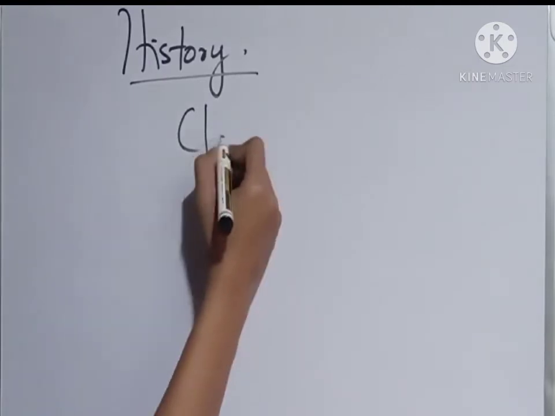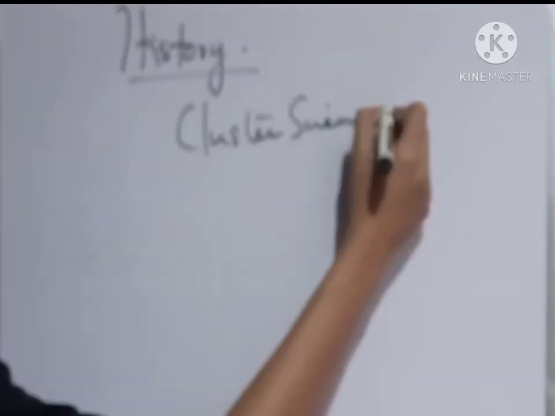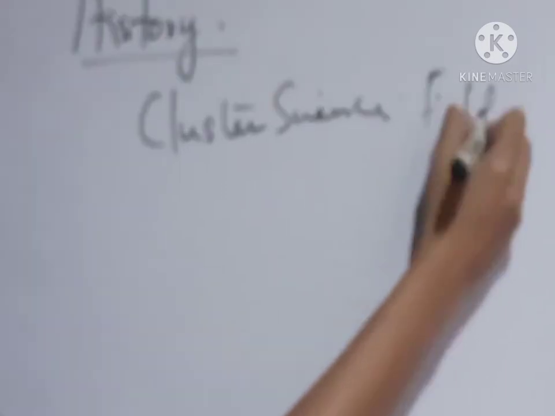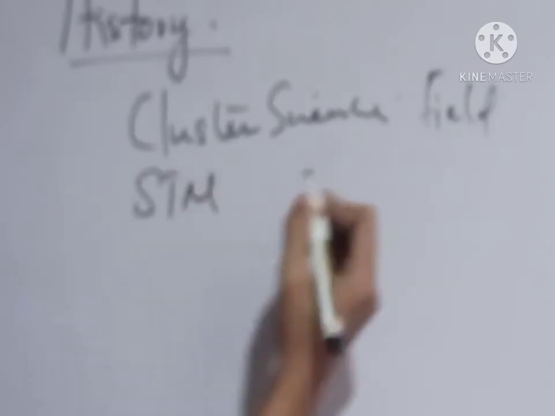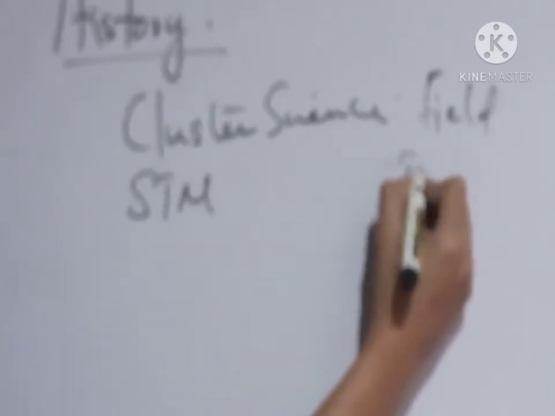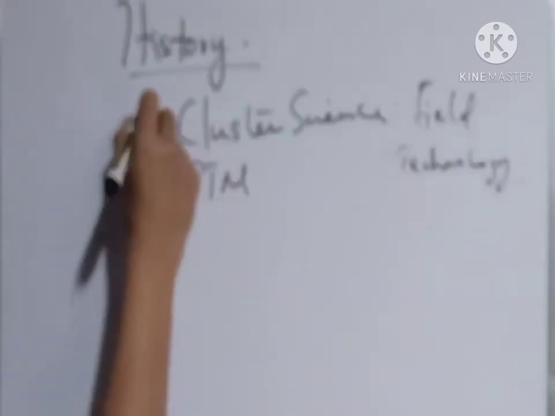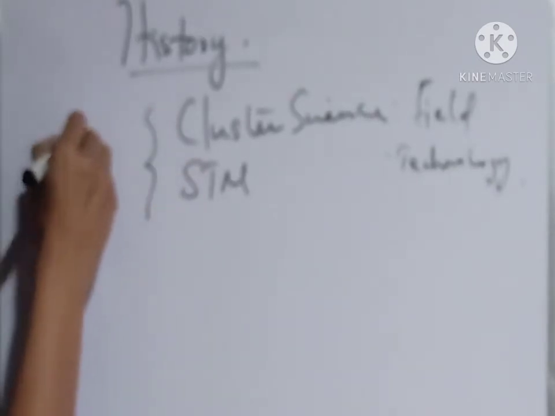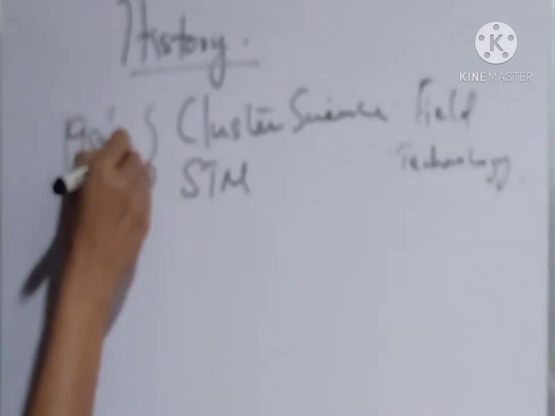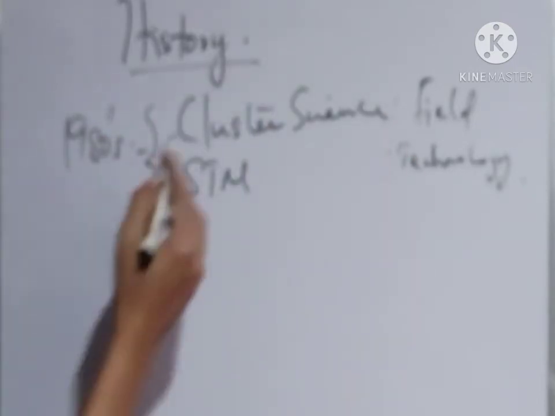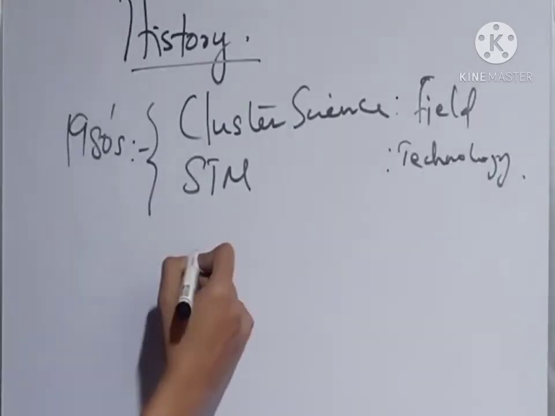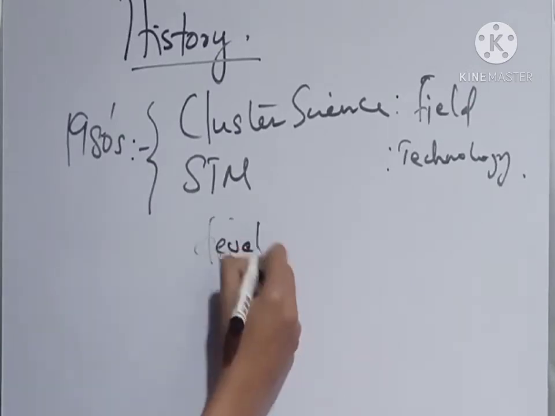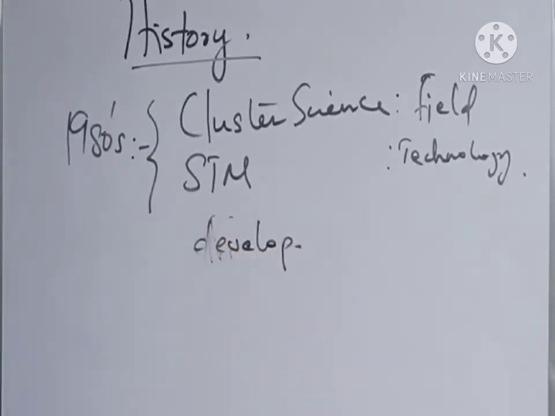The scientific field, cluster science, and the technology called scanning tunneling microscope, STM, were developed during the beginning of 1980s. And these two, the field of cluster science and the technology scanning tunneling microscope, helped develop nanotechnology a lot.